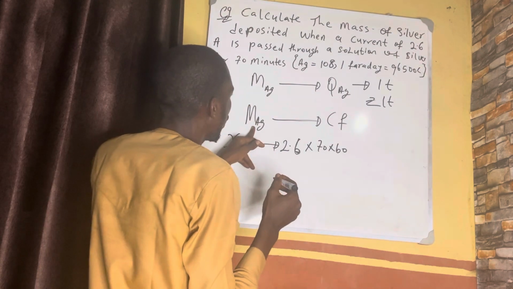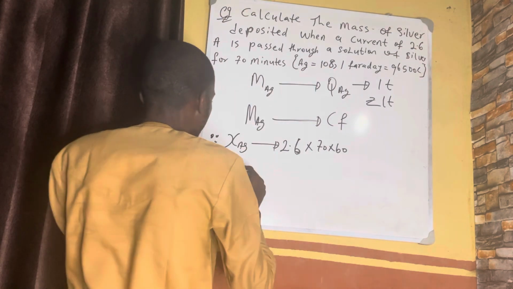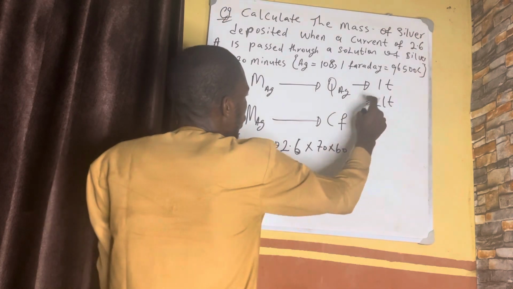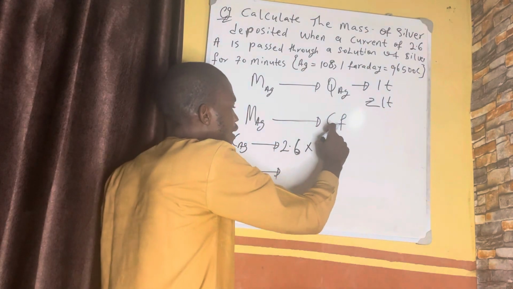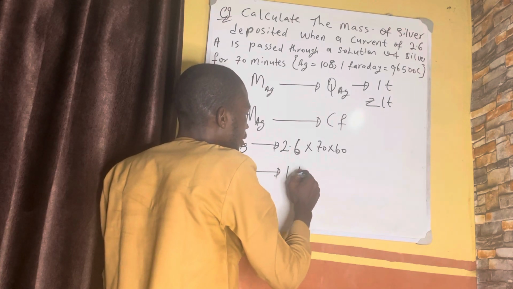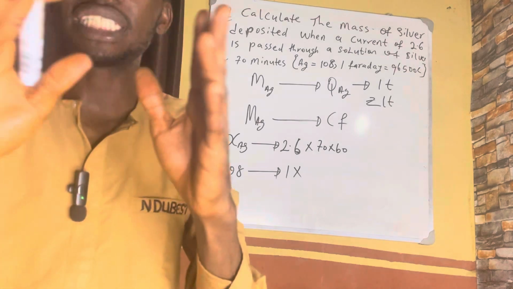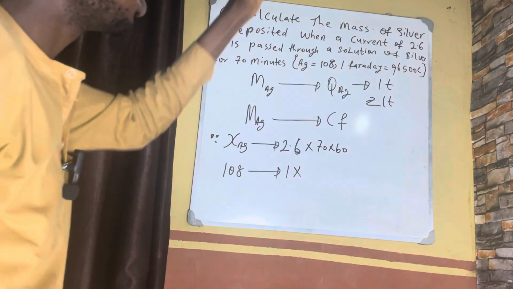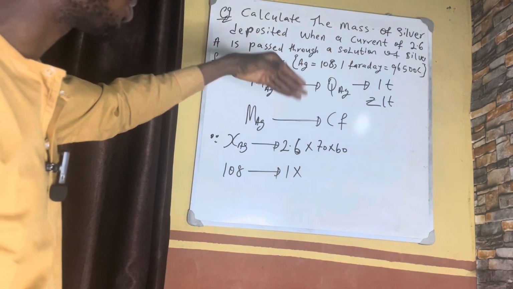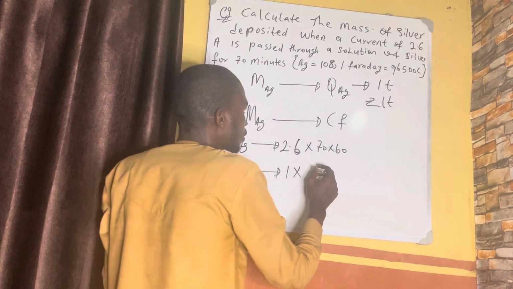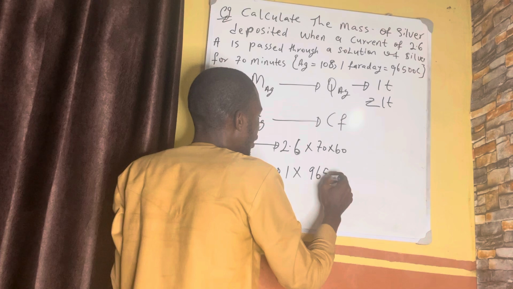So the molar mass of silver is 108. The number of charge on silver is 1. I've shown you that one in our electrochemical series. Go and study those series. Know the charge attached to each of them because you use it to solve all the marks on Faraday's. You understand? Times 96500.